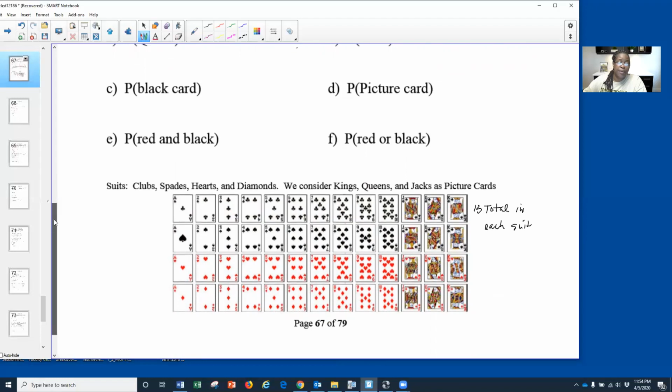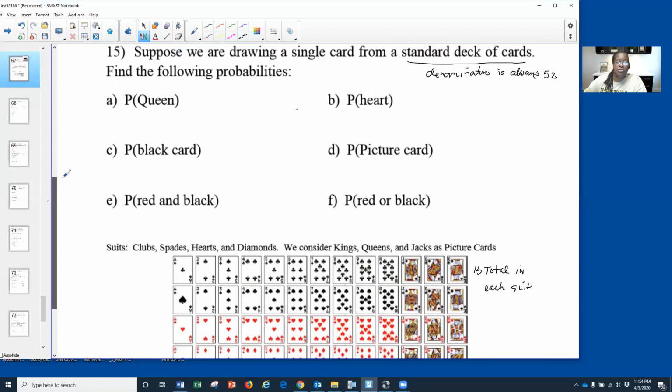The whole deck of how many cards? 52. So our probability, which remember is always in fraction form, has a denominator that is always the total number of ways that something can happen. That's our 52. And then the numerator is the number of ways that this situation can happen. How many queens do we have? 4.